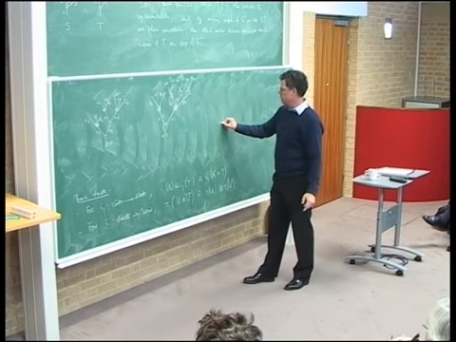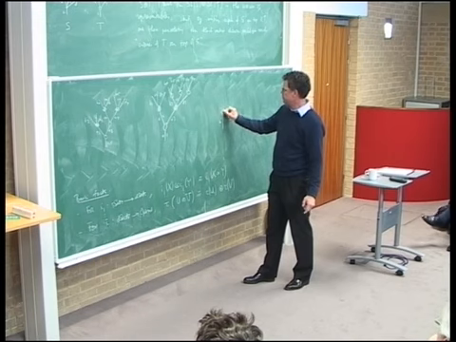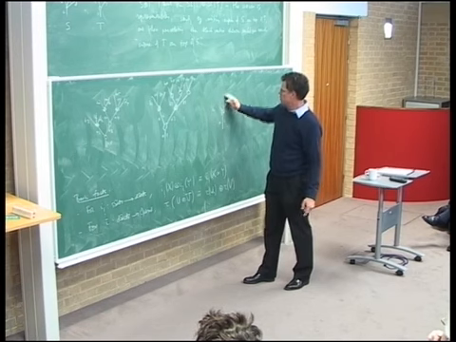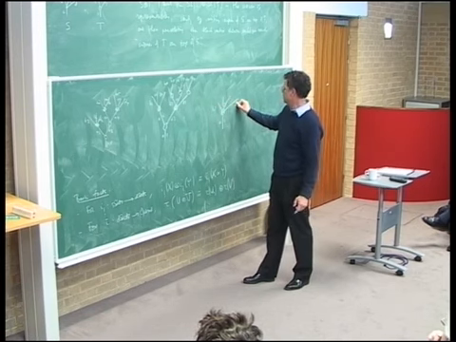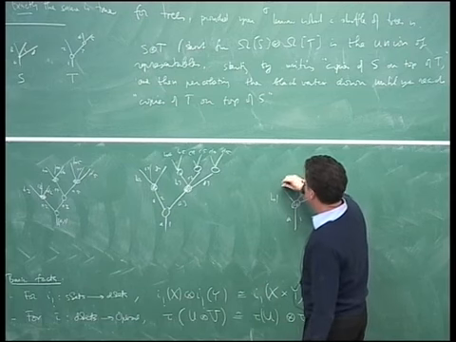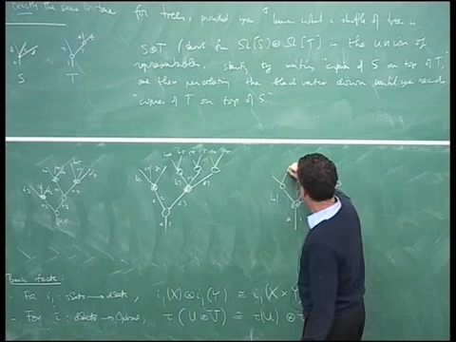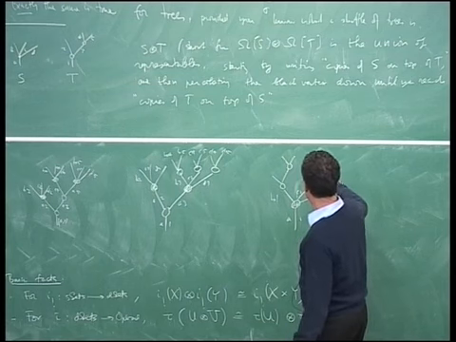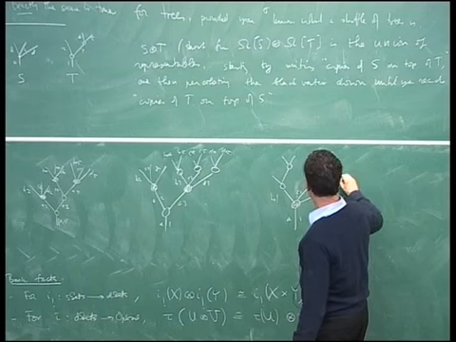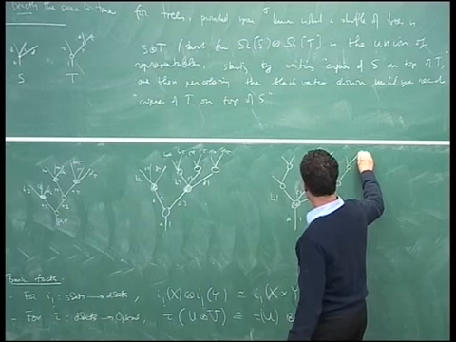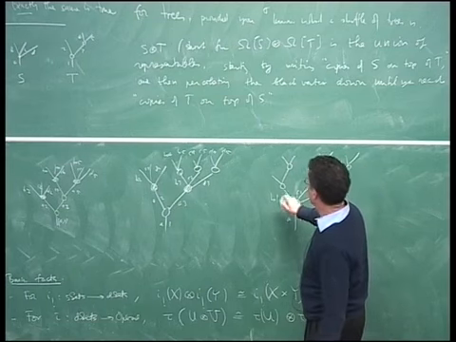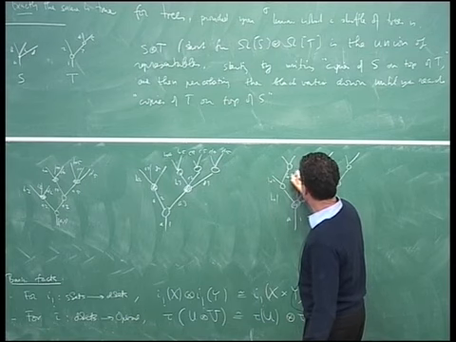So I get A1, B1, C1, B1, and then copies of T, I hope. So from B1 I go to B2 and B3, and so on.